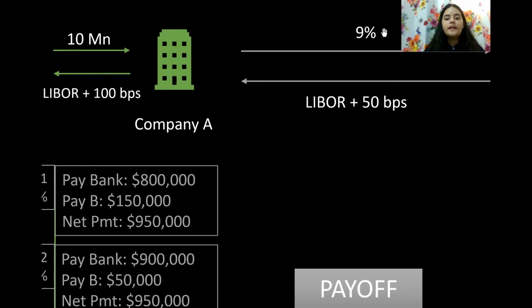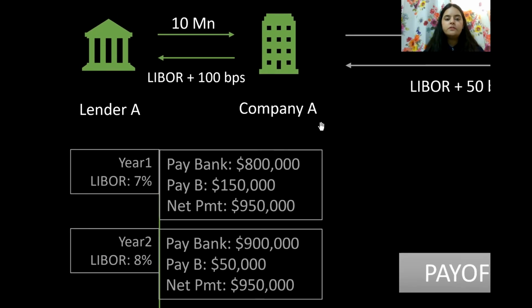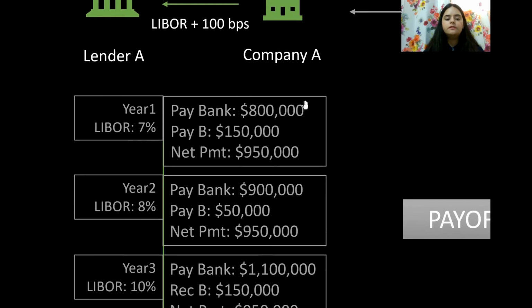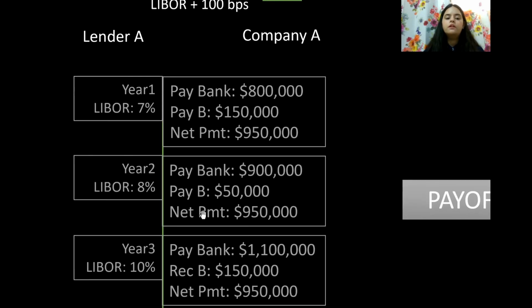So pay 9%, receive 8.5%. So net pay 0.5, and 0.5% of 10 million is $50,000. So the net payment of company A in year two is 900 plus 50, again $950,000, same as year one.